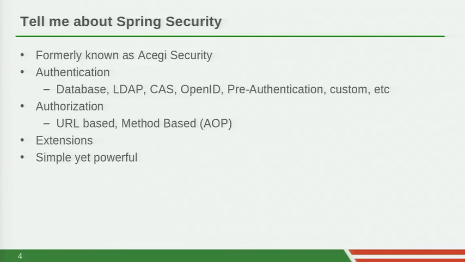Here, Spring Security leverages Spring's AOP support to add aspects to your service tier to secure it for you, so you can't invoke a method unless you are granted access to invoke that method. Finally, Spring Security has a number of extensions, and these demonstrate that while Spring Security is simple, it's also powerful.